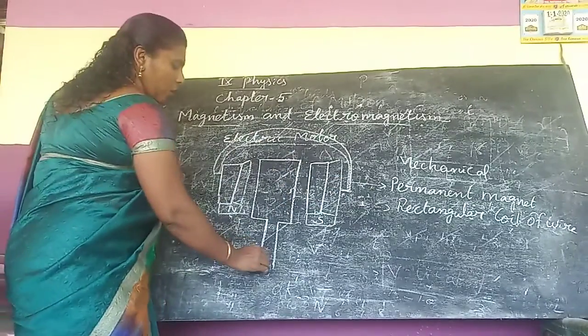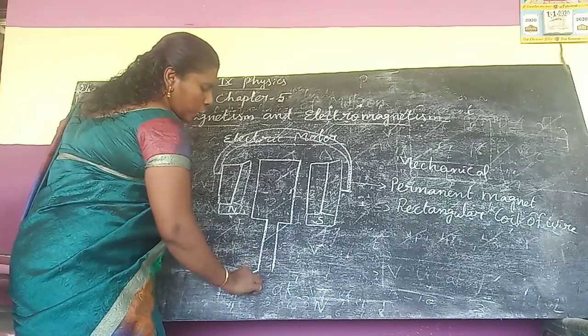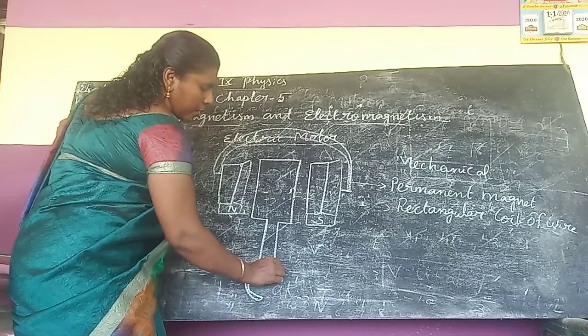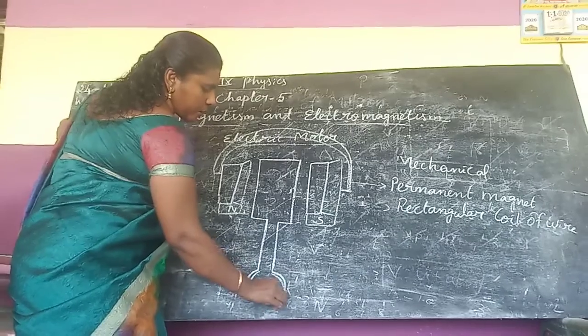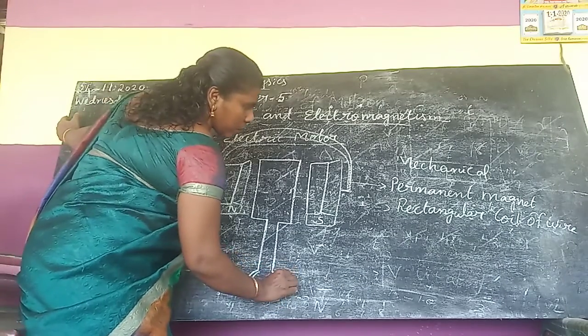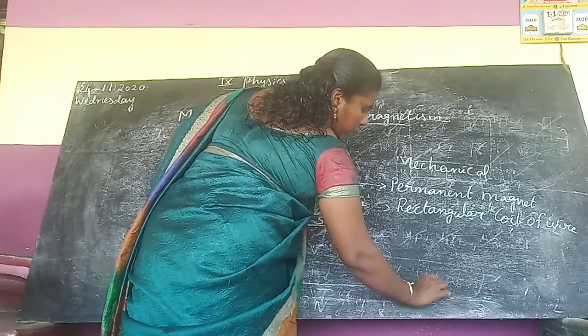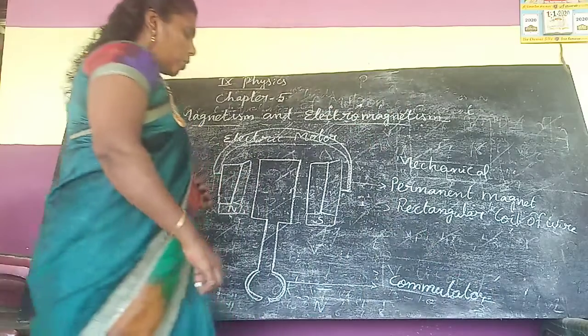At the end of the rectangular coil, a commutator is attached. Commutator. So what is the use of this commutator?